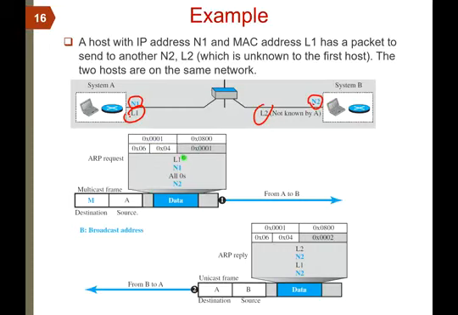Here you see L1, N1. Here it's empty because you don't know the MAC address of this. It's a request, so you want to know this. Okay, and N2. You send this across this link, and then you'll get a reply.